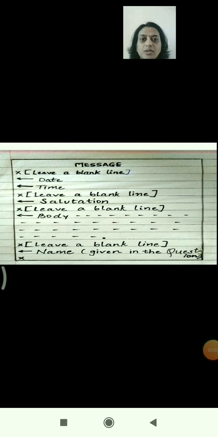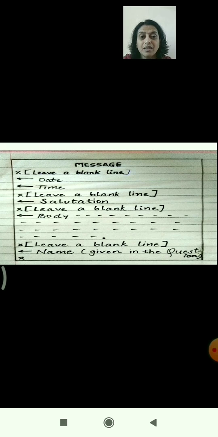So now this is the last thing, that is the end. How to write the end. Once you have left a blank line, you have to write the name. Now what name will you be writing? The name which is given in the question. You will get a question that you have to write a message to whomsoever it is mentioned.